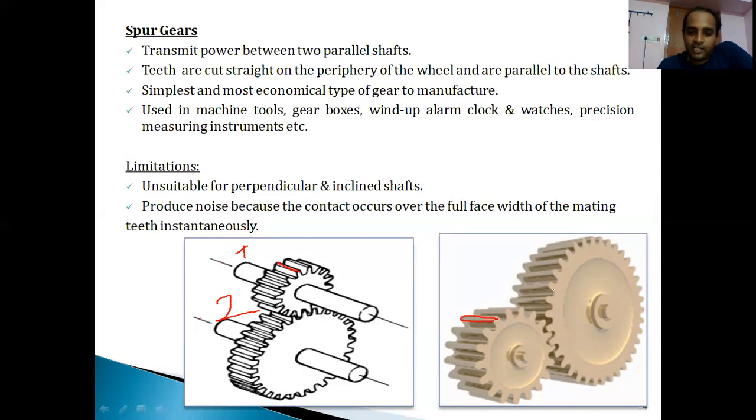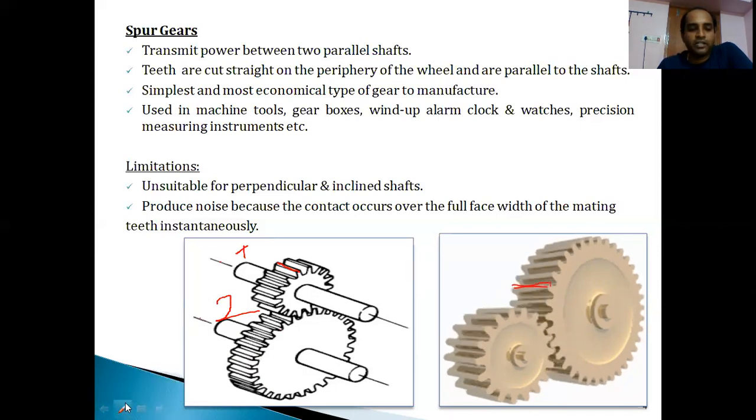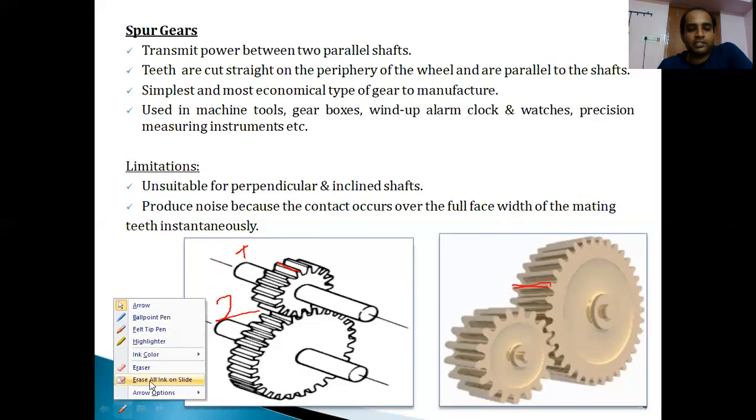When we cut the teeth in a straight manner, the machining or manufacturing of the gear teeth is very simple in nature, or you can say it is the most economical type of production. So you can manufacture within a small amount of time.